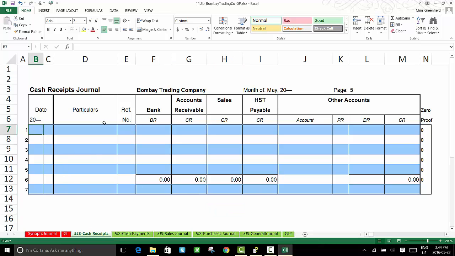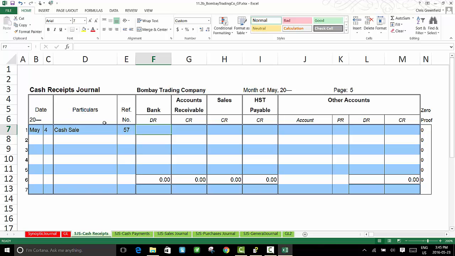All right, so the setup is the same again. We're going to use our May 4th in this case, and we have a cash sale. And we have a reference number of 57 for the sales ticket.